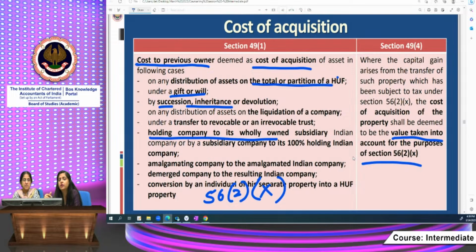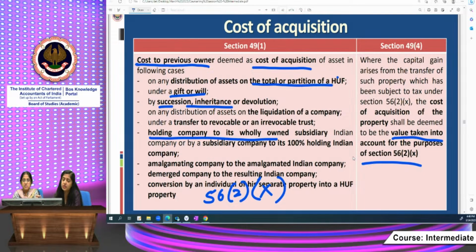Similarly, in case of immovable property like land and building, if the difference between the stamp duty value and the actual consideration exceeds 50,000 or 10% of actual consideration, then the difference would be taxable as income from other sources.